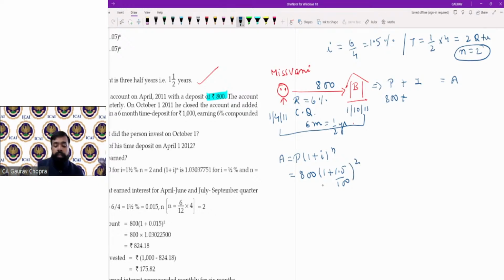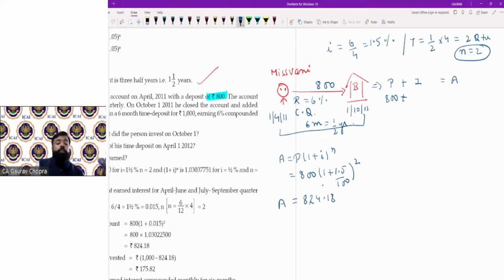Now let us simplify this and see how much amount we get. After simplification, we are getting 1.015 to the power 2 and then multiplied by 800. We are getting 824.18.